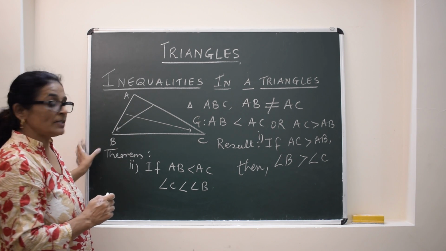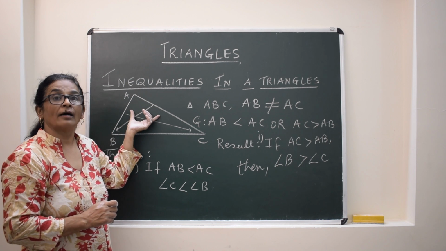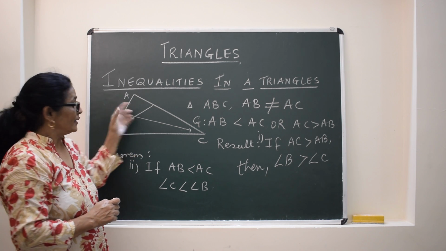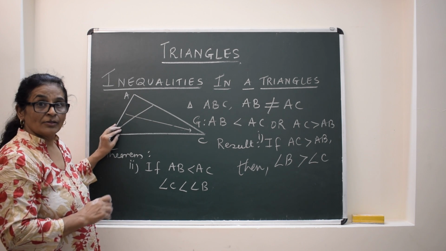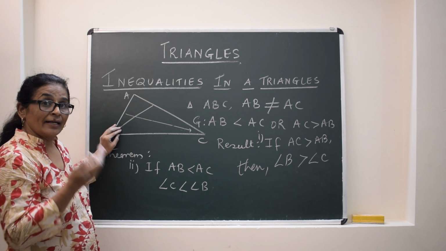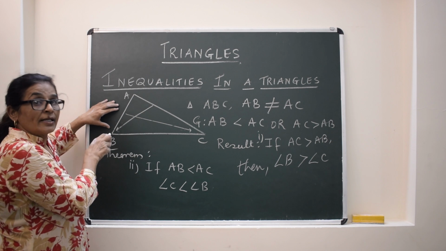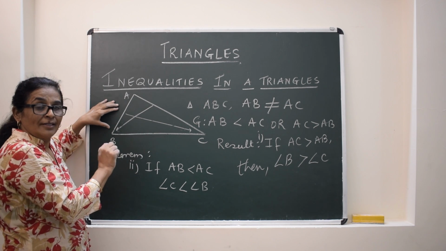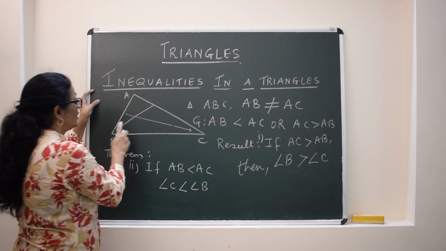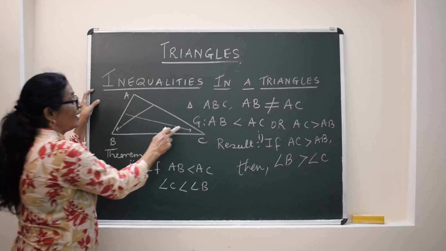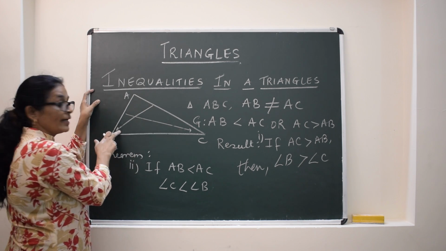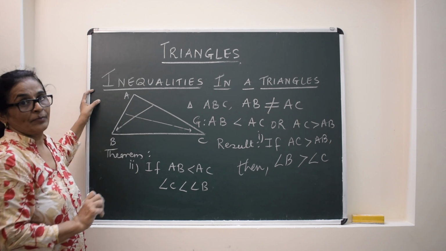So the theorem is: if any two sides of a triangle are unequal, then the angle opposite to the longer side is greater. So automatically the angle opposite to the shorter side will be smaller. Either you say angle B is greater than angle C, or you say angle C is smaller than angle B, it is the same thing.